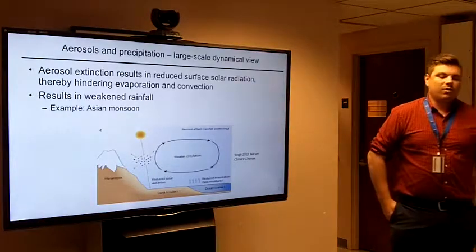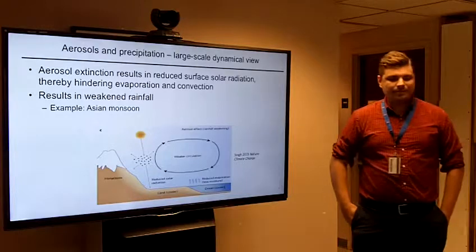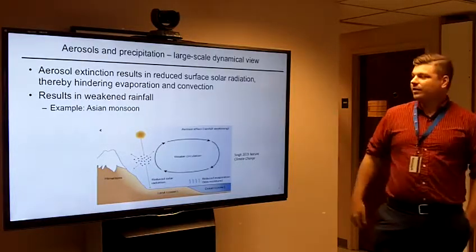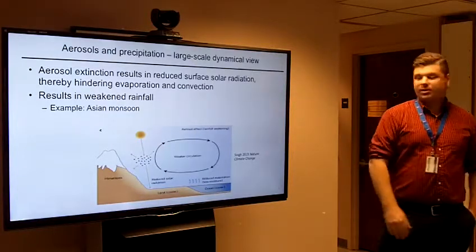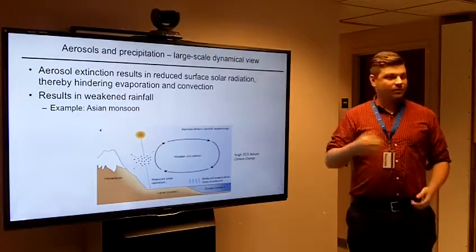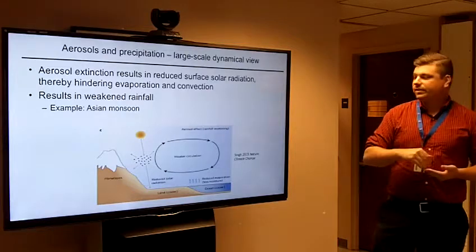There's also more of a large-scale dynamic view that you can take with the aerosol effects on precipitation. This is sort of just a consequence of the direct effect. Aerosol extinction, whether it's scattering or absorption, does result in reduced surface solar radiation. So less solar radiation reaches the surface.